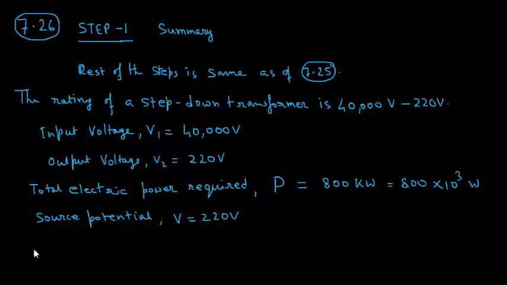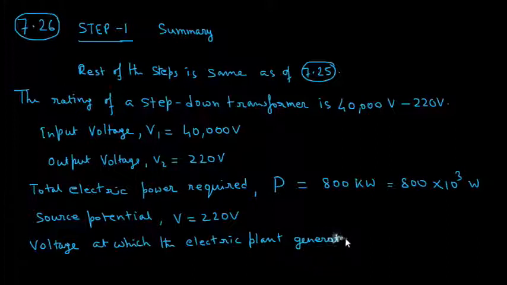The voltage at which the electric plant generates power is V dash is equal to 440 volt.